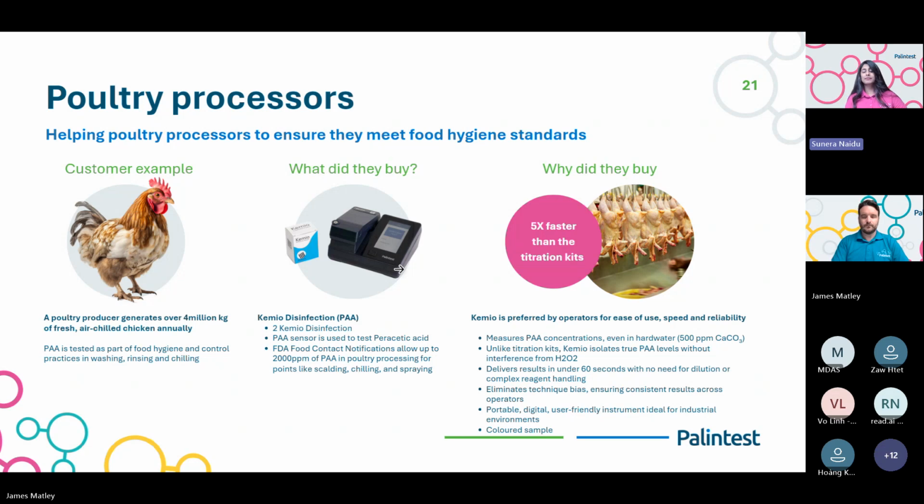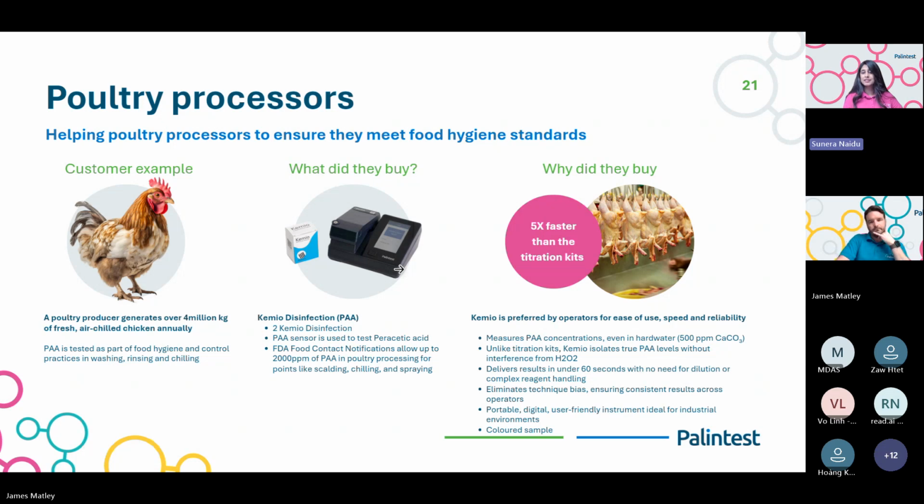Also, with a reagent or disinfectant like peracetic acid, the sensors work without interference from your hydrogen peroxide. So the technique as a whole eliminated bias. It also ensured that the operators worked consistently because of how easy the process is in using chemio.